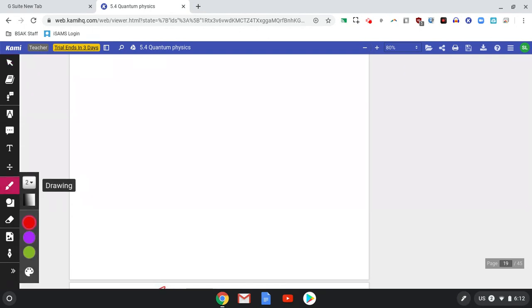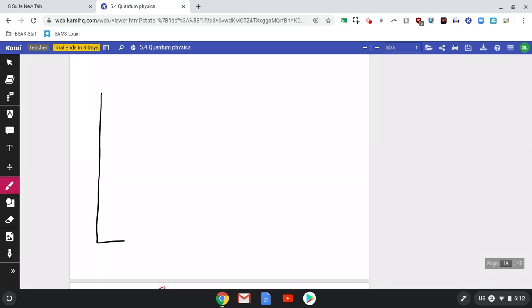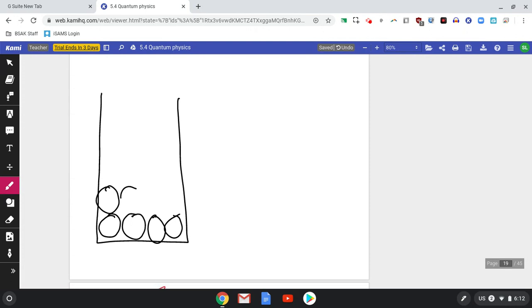Now, if you remember the potential well model, it's called, I gave you last lesson, that's where we think of a zinc atom as basically a well or a bucket with electrons in it. Now, the electrons closest to the nucleus are at the bottom, and then the electrons will fill up like that.